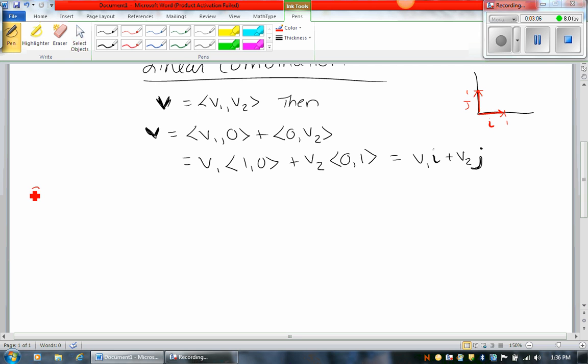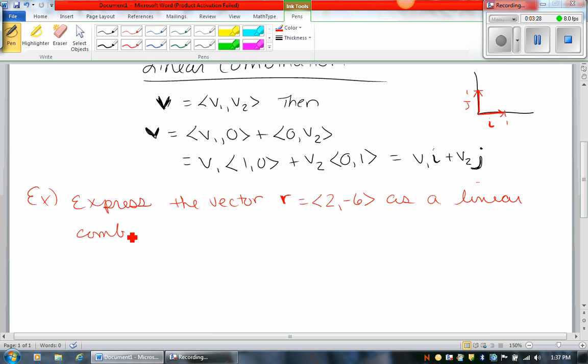Okay, so let's do an example. We're going to express the vector r as a linear combination of i and j.